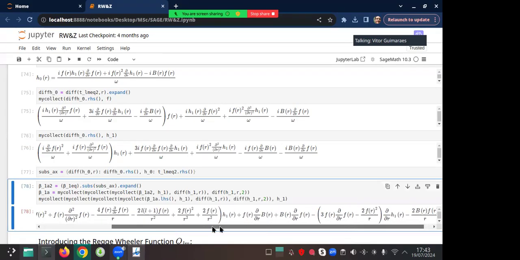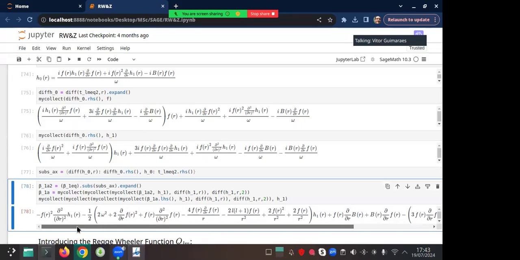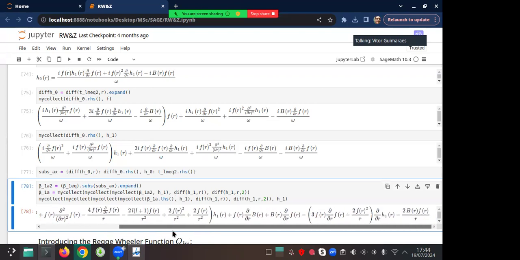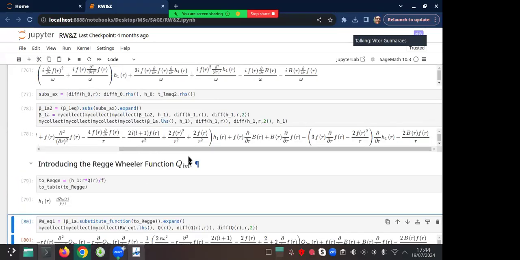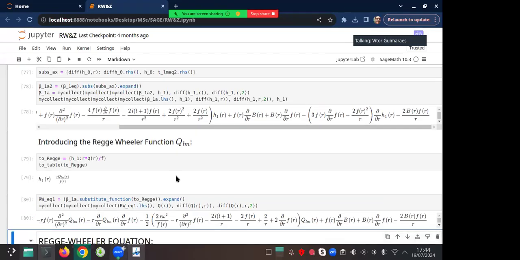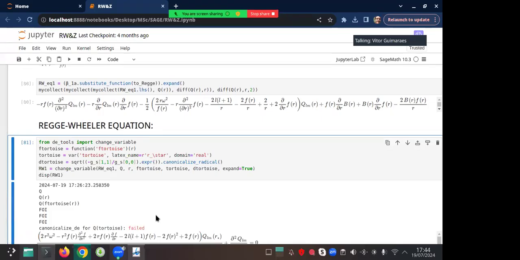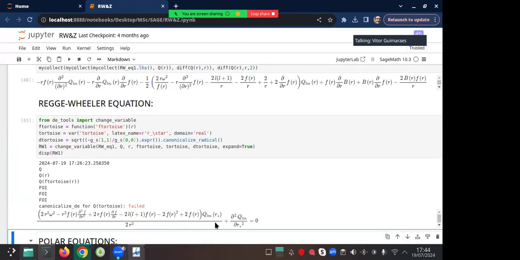And the left hand side here looks like this. And then what we did, we introduced the Reggie-Wheeler function Q, and what we did is exactly what I showed you. And then by doing the coordinate transformation, we end up with this.